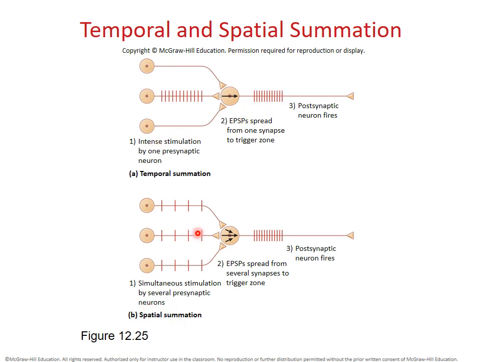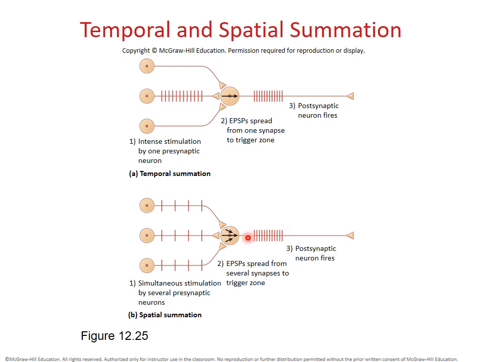In spatial summation, we don't have a particularly high frequency of stimulation, but we have multiple presynaptic axons firing at the same time, causing sodium to enter in multiple synapses. Now, the amount of sodium that's entering in each synapse is not as great as it was for this one synapse, but if you collectively add up the effects of all these different synapses, especially if there's hundreds of them, again, that can result in a flood of sodium into the cell, which then by the time it diffuses to the trigger zone will certainly be enough to trigger a new action potential.